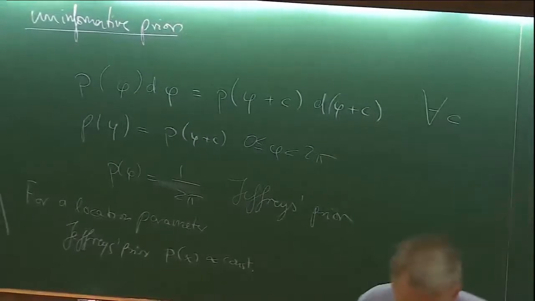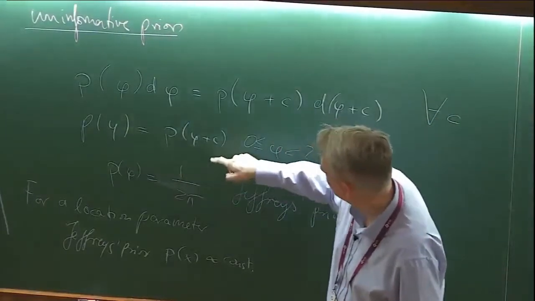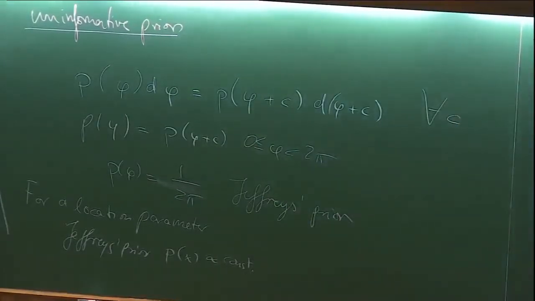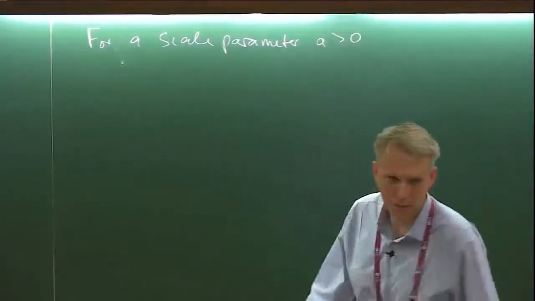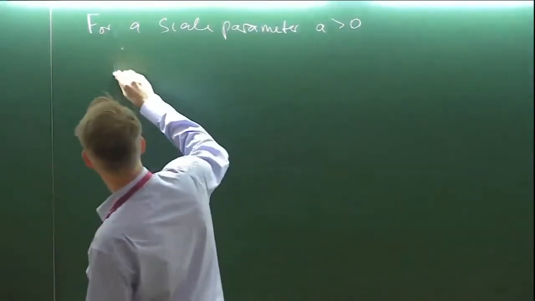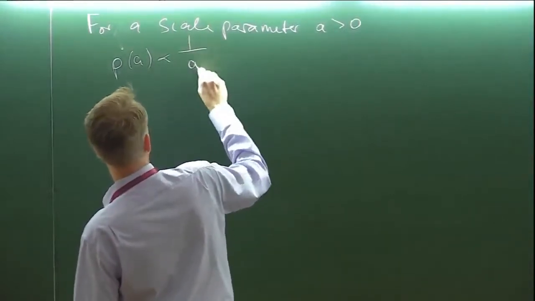For a scale parameter, with the same argument, you get a different functional equation, where P of phi is equal to P of A times C divided by A. And you find that the answer for a scale parameter, let's call it A, which is larger than 0, so in other words you don't know how large something is, how wide something is, the Jeffreys prior becomes P of A is proportional to 1 over A.